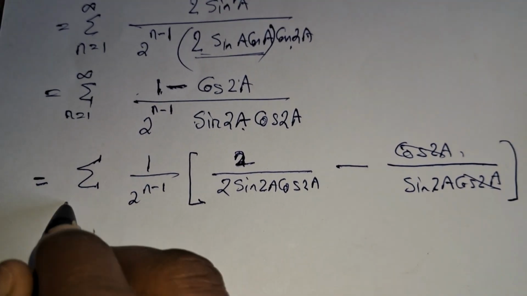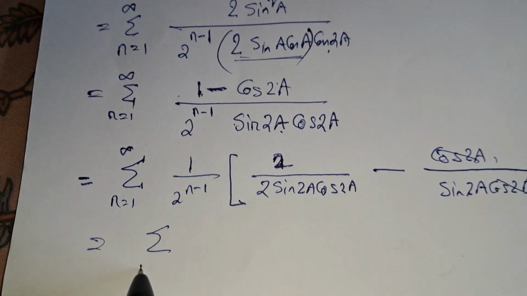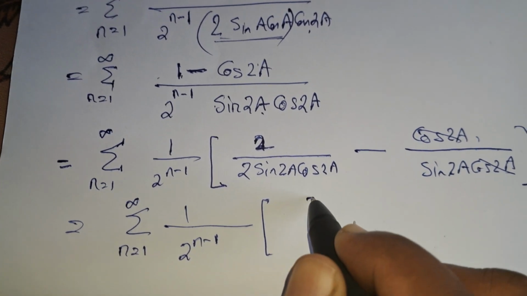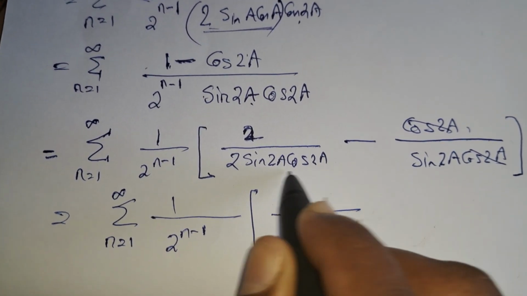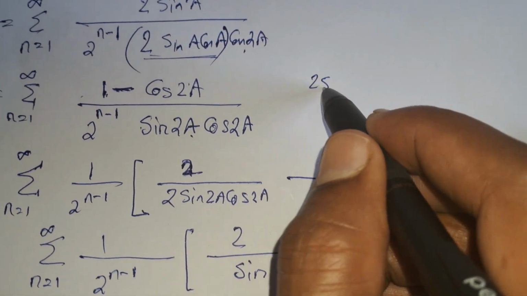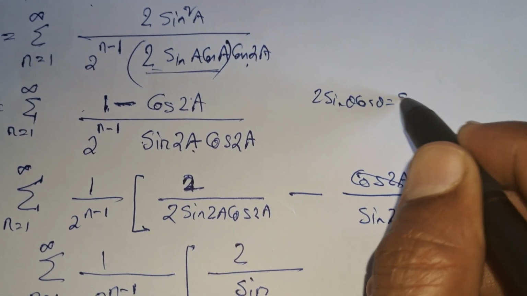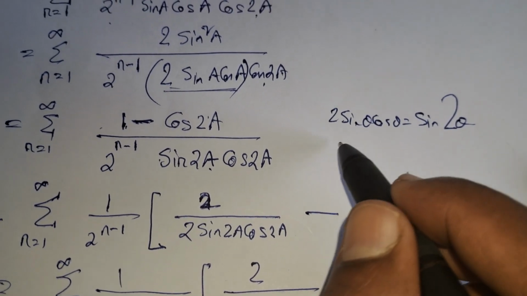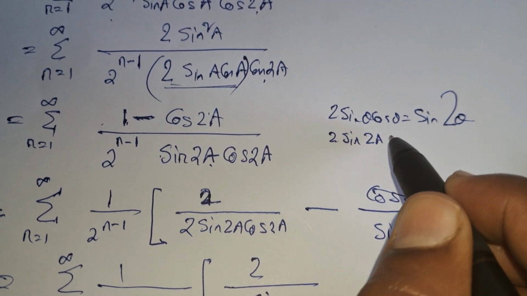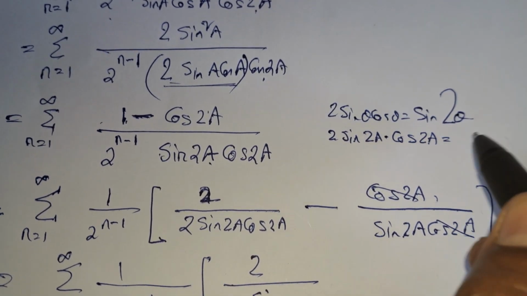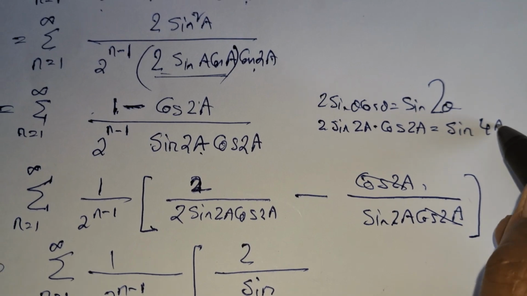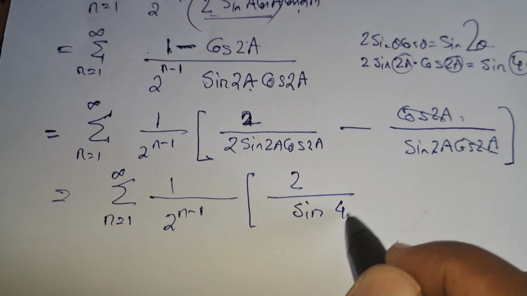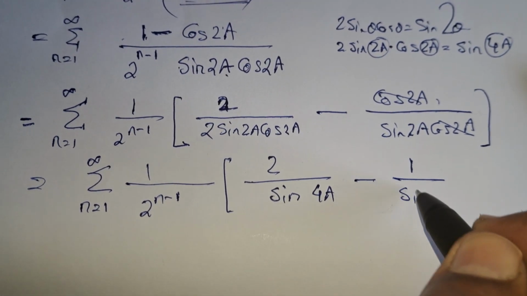These two got cut. Two by sine 4a, right? Why? Because we know 2 sine theta cos theta is sine 2 theta, means double of theta. So 2 sine 2a into cos 2a, that means sine of 4a. 2a, 2a, then there will be 4a, double. So over here this is 4a, 1 by sine 2a.